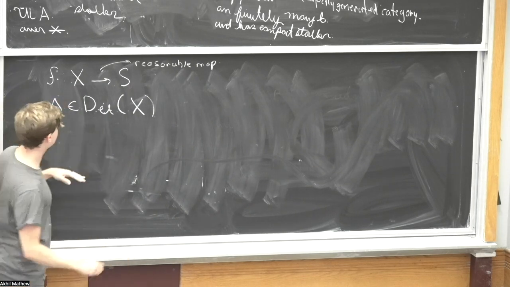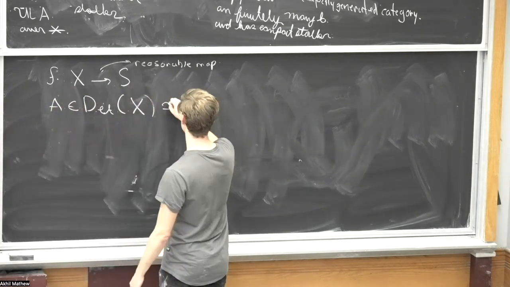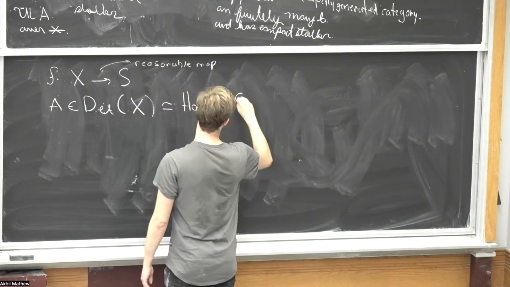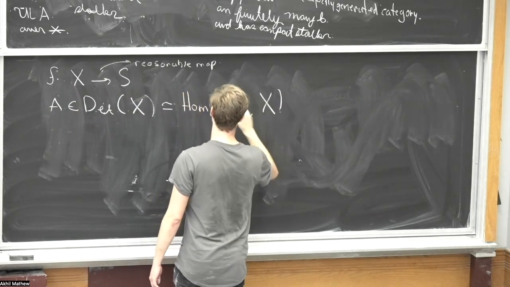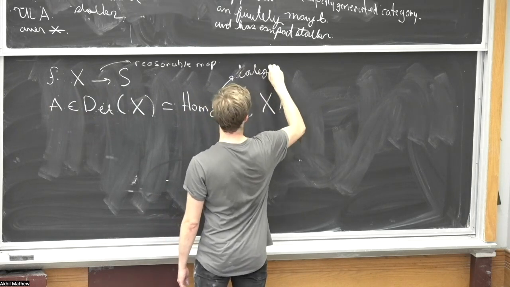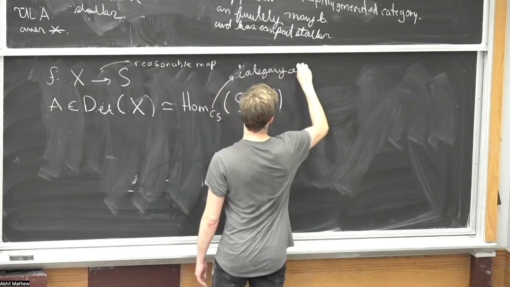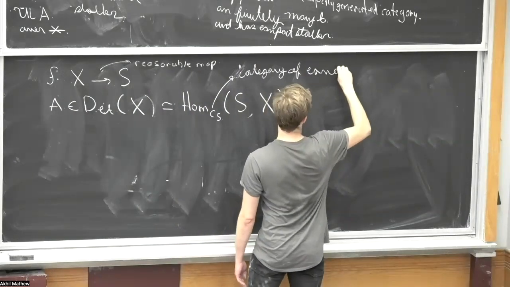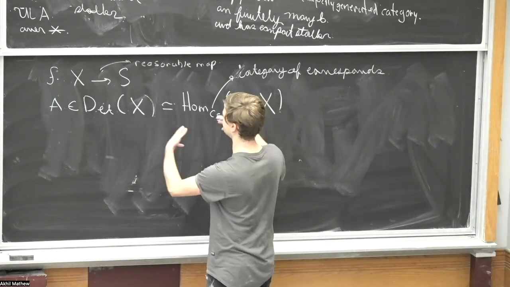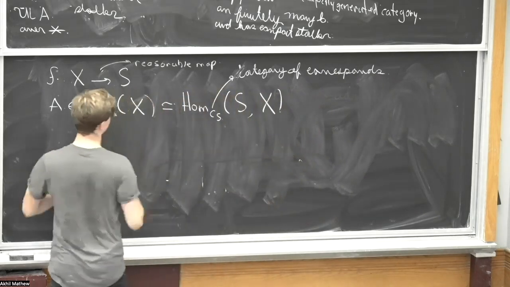Well, you can reinterpret this derived category as being some kind of homomorphisms from S to X in some category of correspondences. So in other words, it's like the usual category of correspondences, but the maps are not given by cycles in the product of the things, but rather just by sheaves on the product.